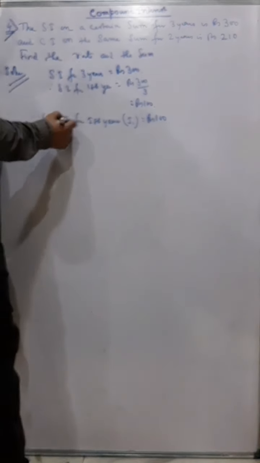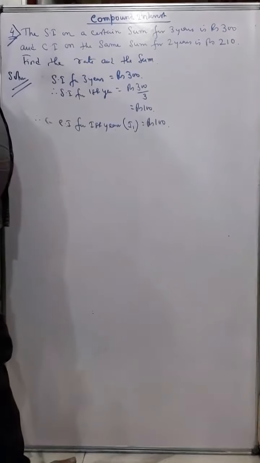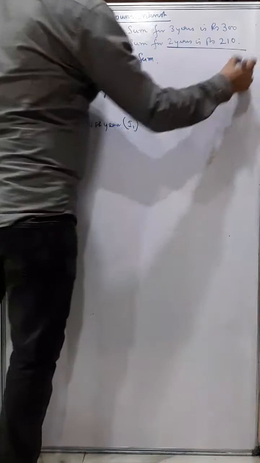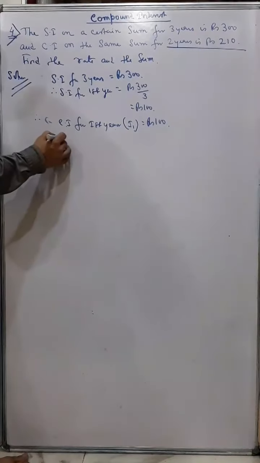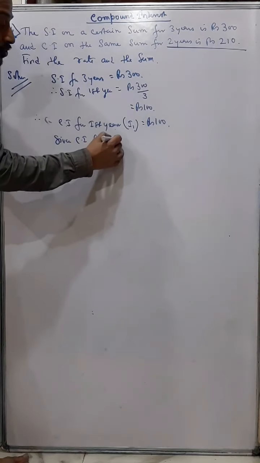And we also know, given, CI for 2 years is rupees 210.